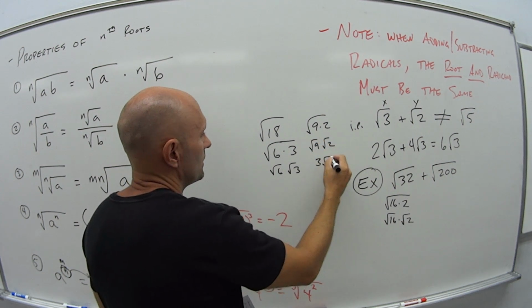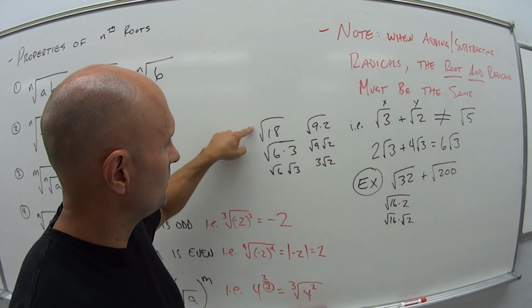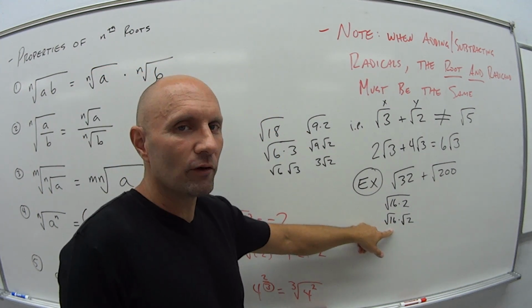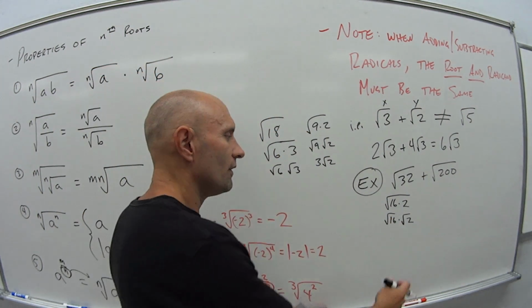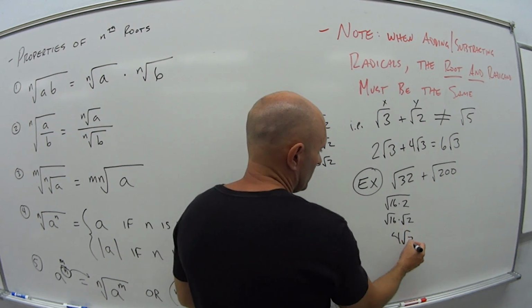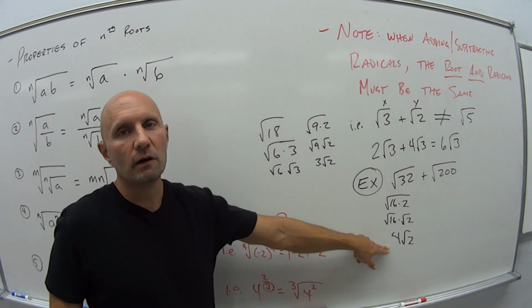Square root of 9 is 3, so this just becomes 3 square root of 2. So because I'm dealing with a square root, I want to try to pick a squared number so it'll simplify later. And that's what I have at this point, right? Square root of 16 is 4. So square root of 32 I can really rewrite as 4 root 2.